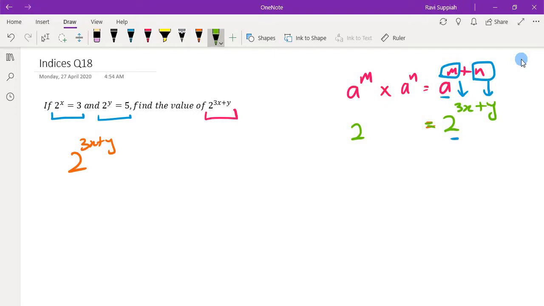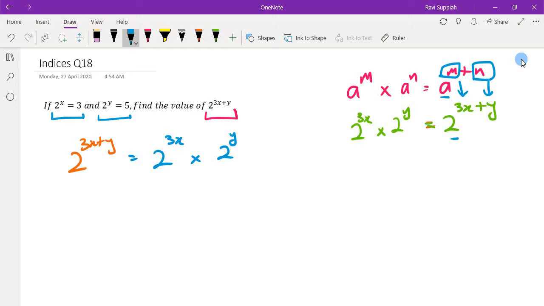So working backwards, I have 2 to the power of 3x multiplied by 2 to the power of y, correct? So that is the first step I can take. I can say that this is 2 to the power of 3x multiplied by 2 to the power of y. Alright, so that is the first step that I'm going to take.